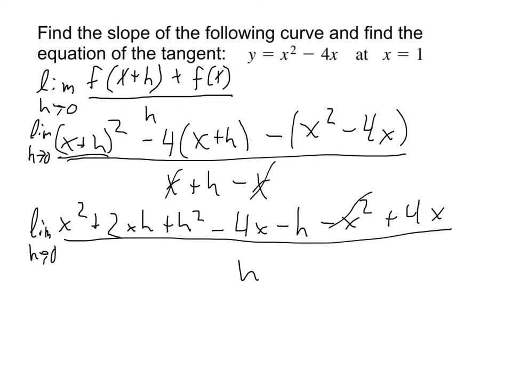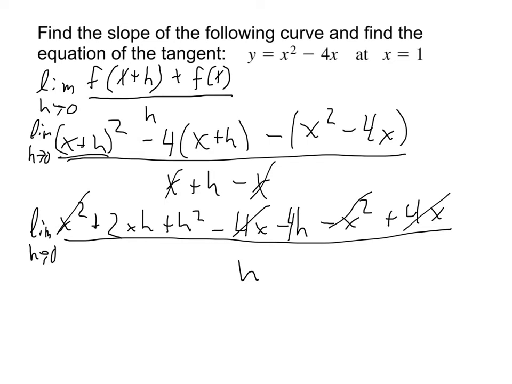So the x squareds cancel, the 4x's cancel. I'm left with 2xh plus h squared minus, well, that should be a 4h right there, minus 4h.